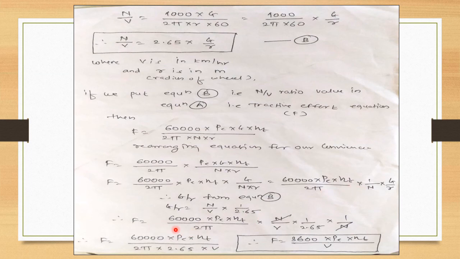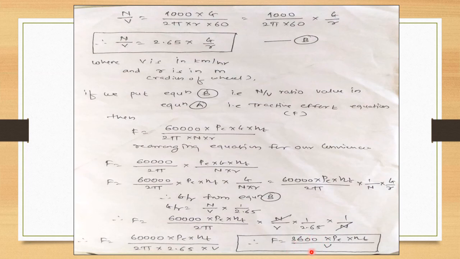So F is equal to 60,000 into P into eta t divided by twice pi into N upon V into 1 upon 2.65 into 1 upon N. So N gets cancelled: 60,000 into P into eta t divided by twice pi into 2.65 into V.